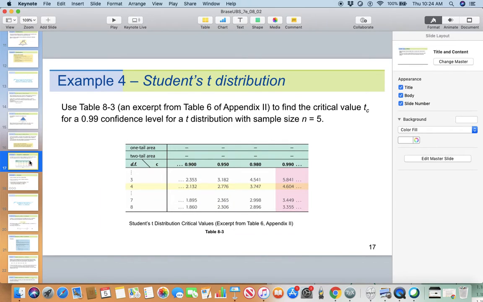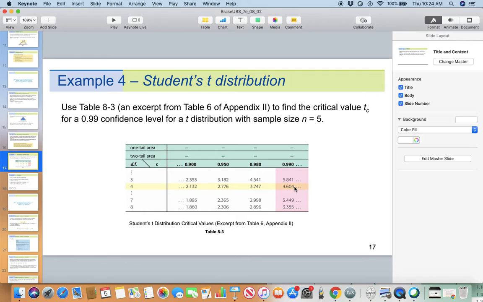Let's look at an example. You want confidence level C of 0.99, sample size 5. If sample size is 5, degrees of freedom is 4, because degrees of freedom is n minus 1, 5 minus 1. So that is 4. C is 0.99.